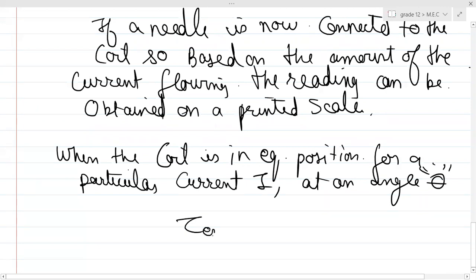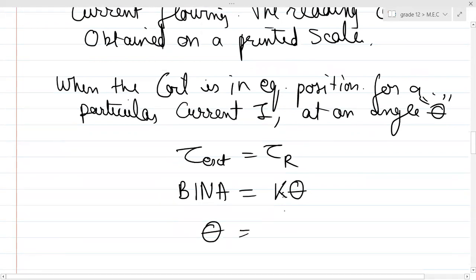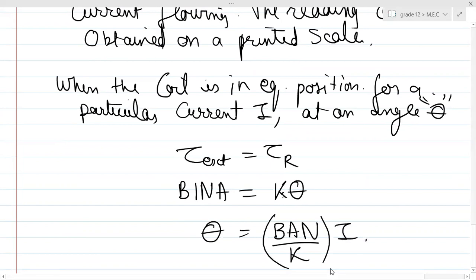So this external torque should be balanced with the restoring torque, and hence we can write NIAB should be equal to k multiplied by theta. Yes or no? So from this, can you see over here? This theta can be written as BAN upon k into I. Yes or no, guys?